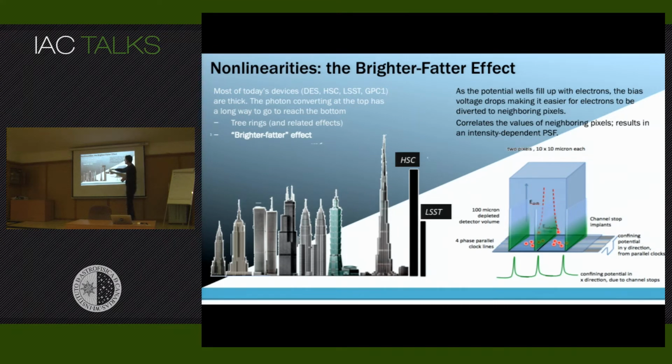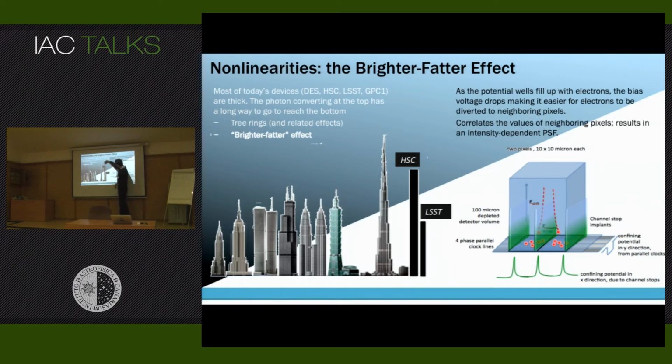You don't really think about it that much. So this here is the Hyper Suprime-Cam camera. It's one of the biggest optical cameras that we have today. And this here is just to make things cute: these are the tallest buildings in the world. So it gives you a feel for the aspect ratio. So an HSC pixel is a skyscraper, and an LSST pixel is also going to be a nice skyscraper.